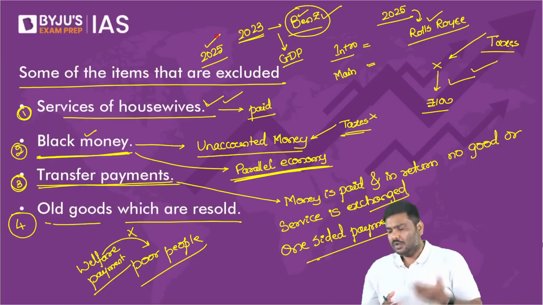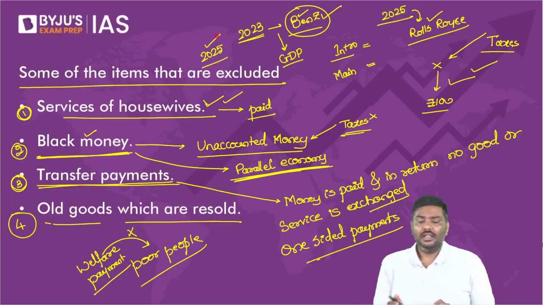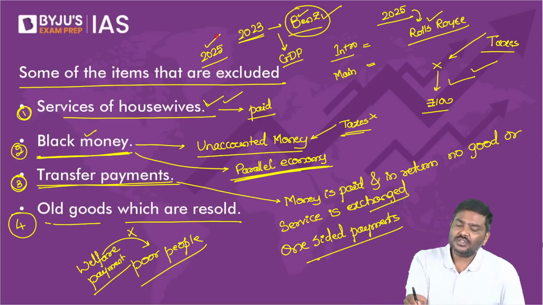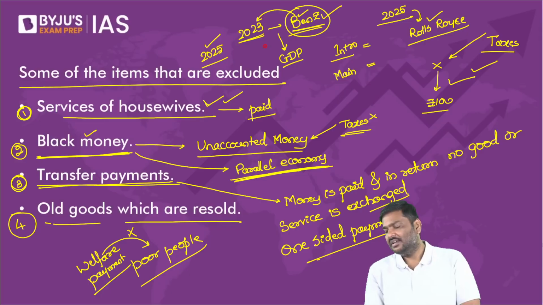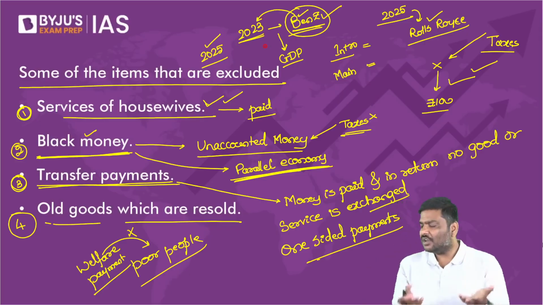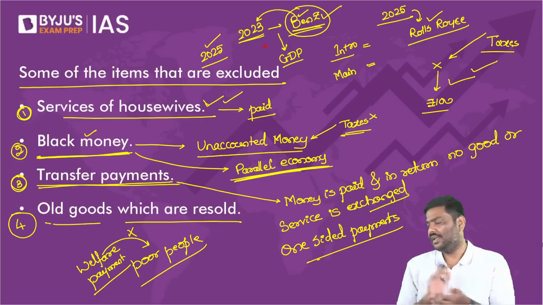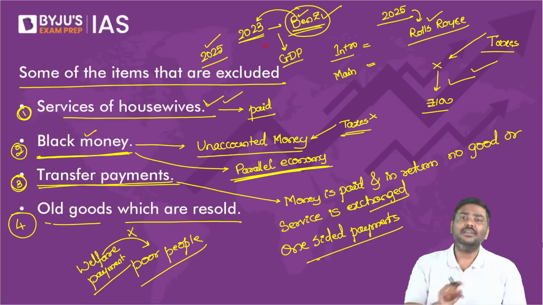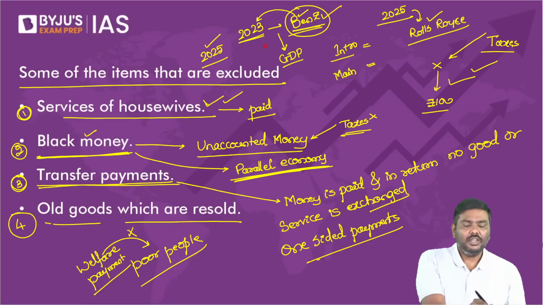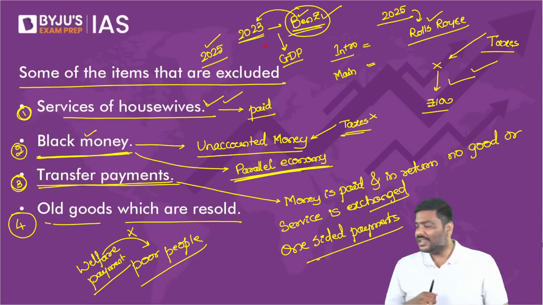No, you should not count it. Why? The value of the Benz car has already been counted in GDP for 2023. If you count it again, same argument, it will lead to double counting. Done. So these are certain things that you will have to exclude when you are calculating GDP.